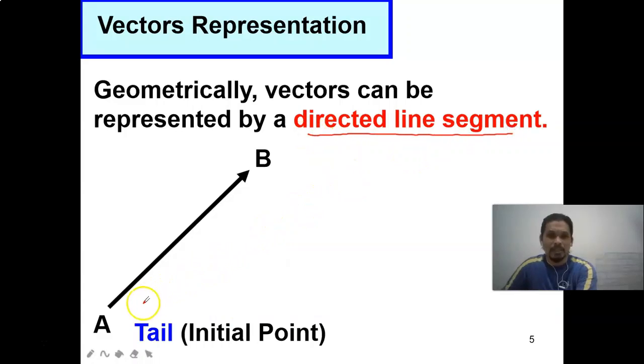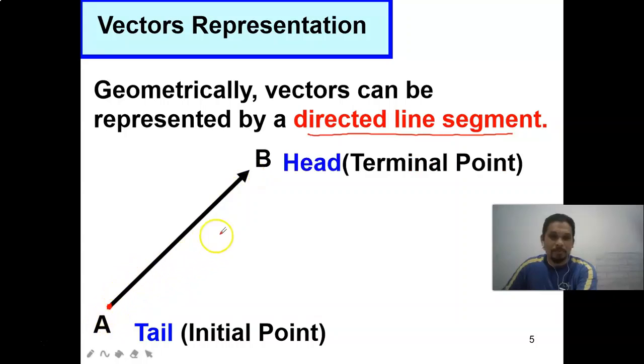As you see here, we have the beginning, the starting point A, to the point of destination, from the tail, the initial point, to the head, the terminal point. So from A, look at the direction ahead, we call the vector AB.